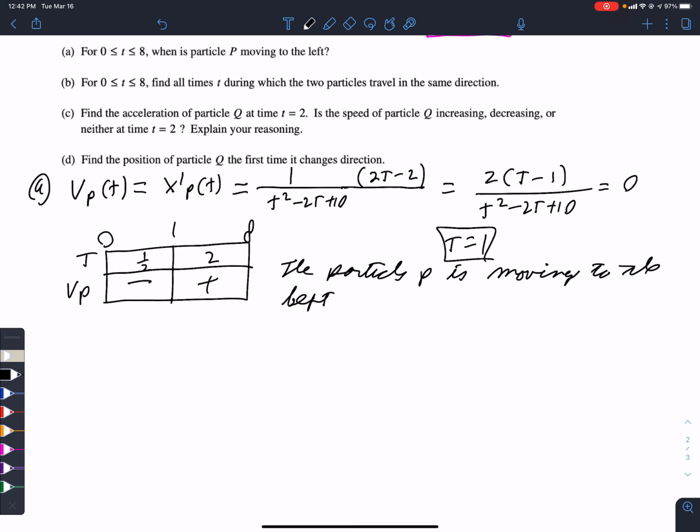Now, you could say on the interval, and put a 0, 1, or you can say from between t equals 0 and 1. I mean, there's a lot of ways you can state it.